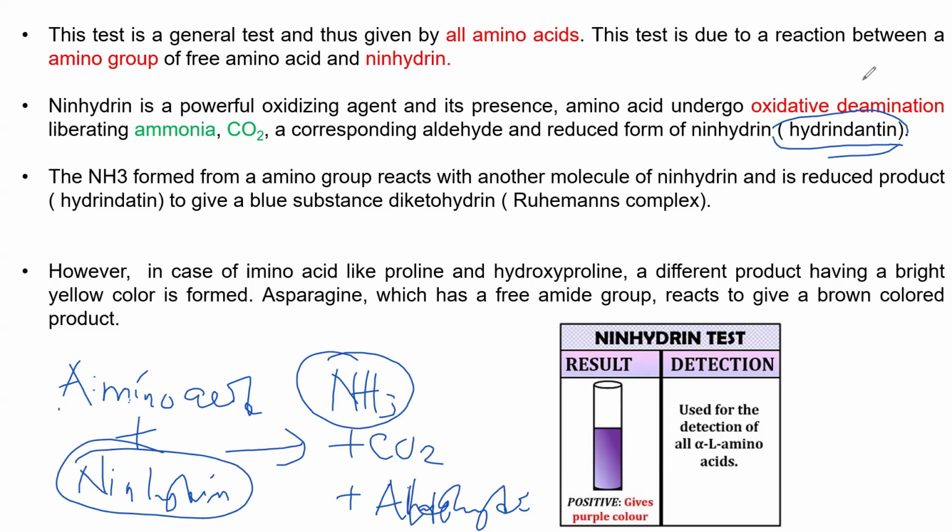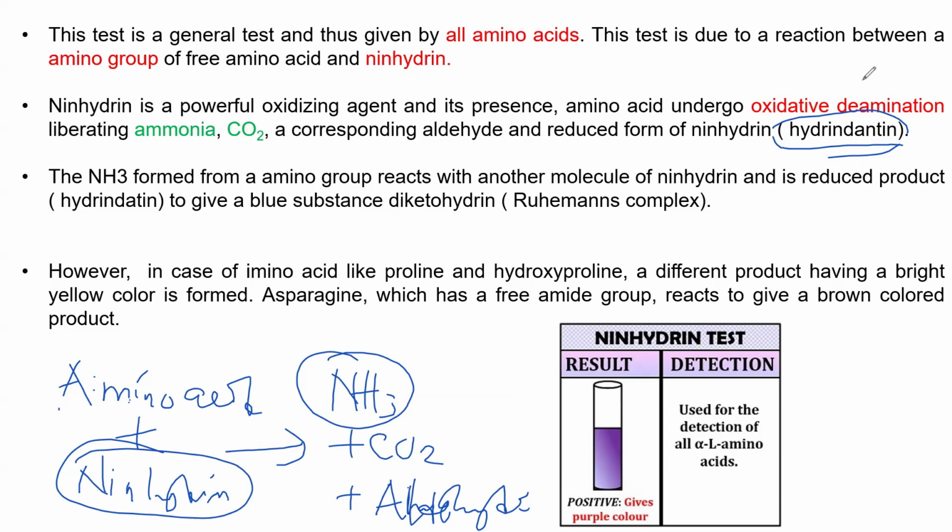And this hydrindantin, together with the amino group formed from the amino acid, will now react with another molecule of ninhydrin to form a blue substance called Ruhemann's complex. So what does that mean?